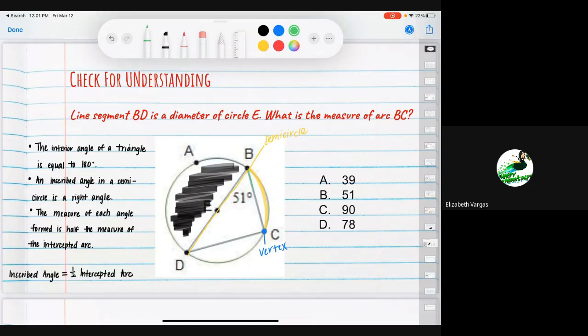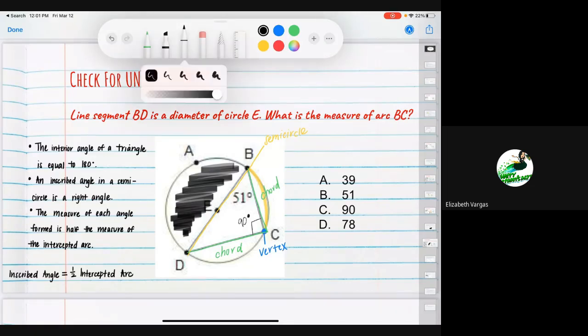Sorry. And two sides which are made out of chords. Chord and a chord. Well, what did we learn about the second corollary? We learned that that means that this angle is equal to 90 degrees.